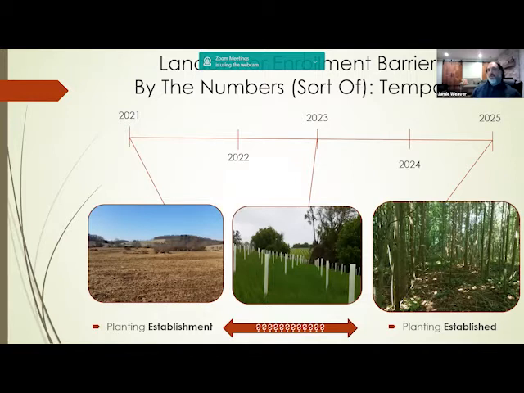And so there is a time of planting establishment that I give a general ballpark window of 3 to 5 years for landowners I'm working with that are interested in potentially entering into these programs. It's a general rule of thumb. It can be less time or it can be more time, and it is somewhat site specific.